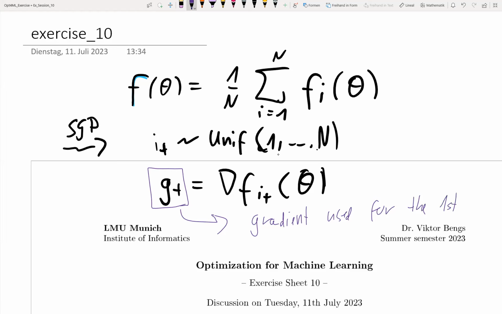So it can be gradient descent. It can also be Adam, it can also be Nesterov accelerated gradient descent, etc. So the point is that every time you need the gradient of f, you replace it with the gradient of the realization i_t you sampled uniformly at random at the current location.